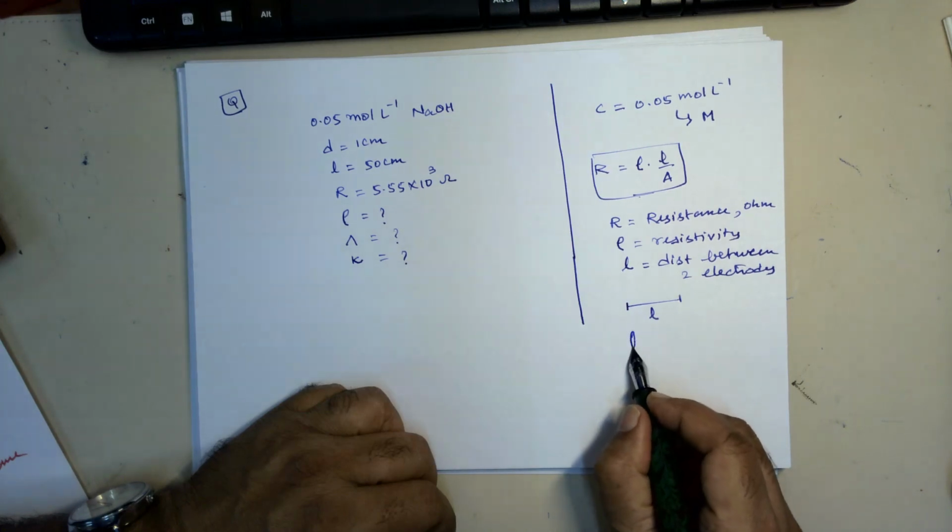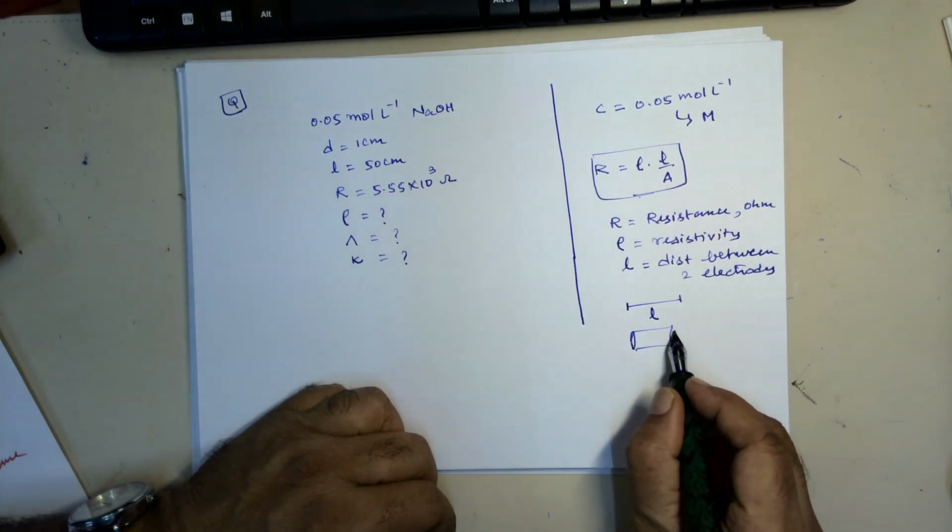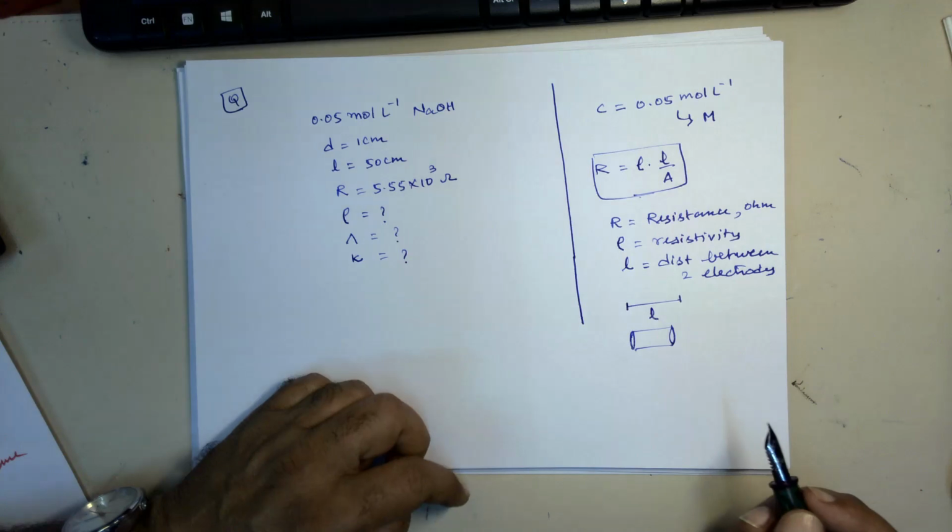And A, the area of cross section, is the surface of the electrode.